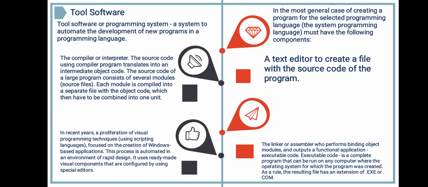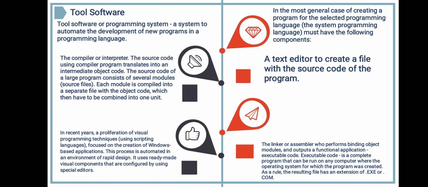Executable code is a complete program that can be run on any computer with the operating system for which the program was created. As a rule, the resulting file has an extension .exe or .com.